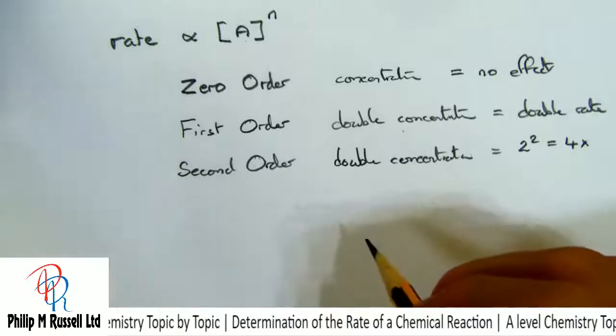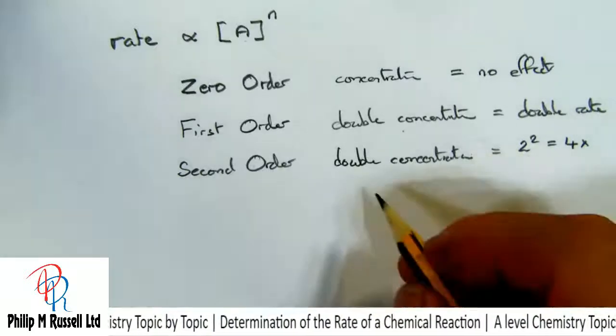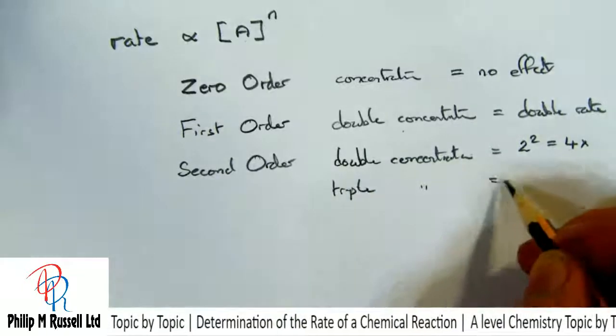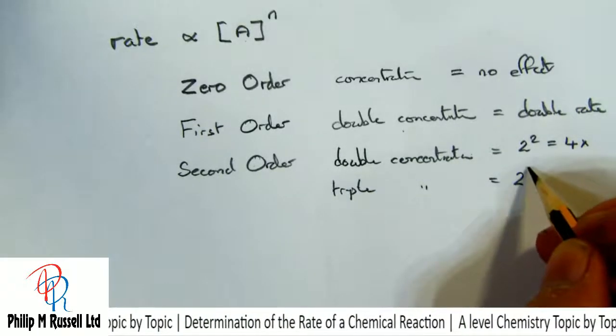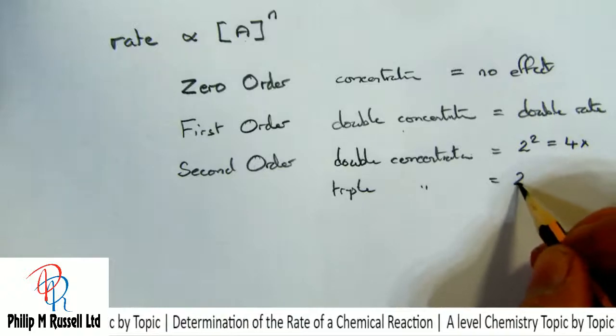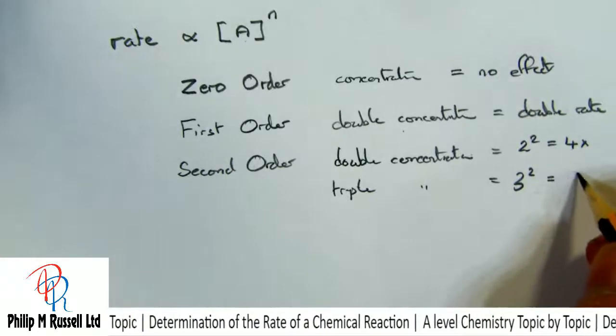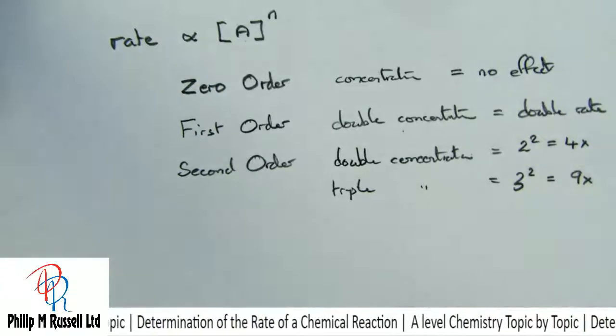If you triple it, then it would go up by 3 to the 2, which will give us 9 times faster.